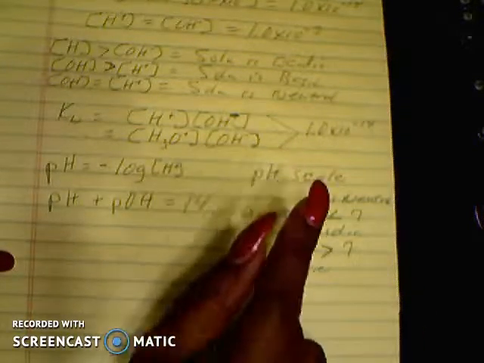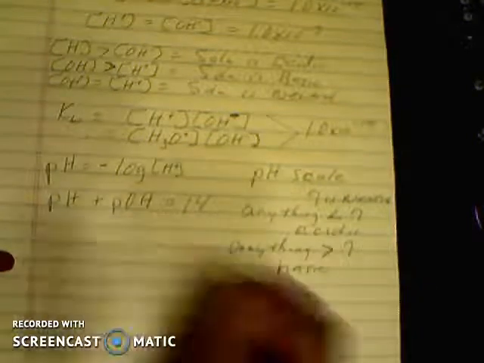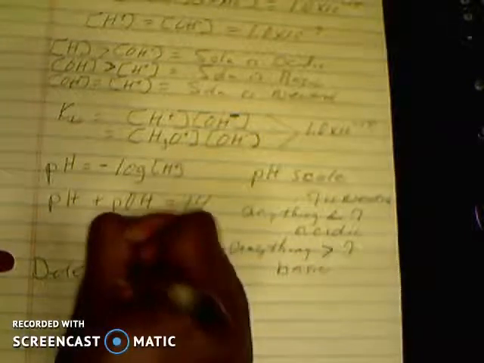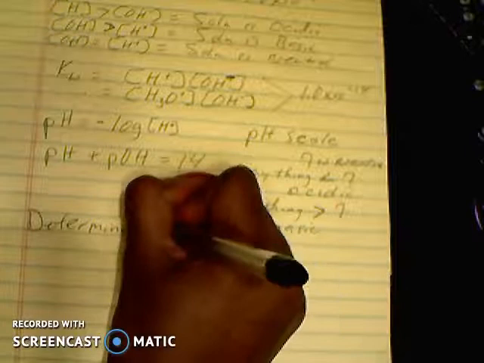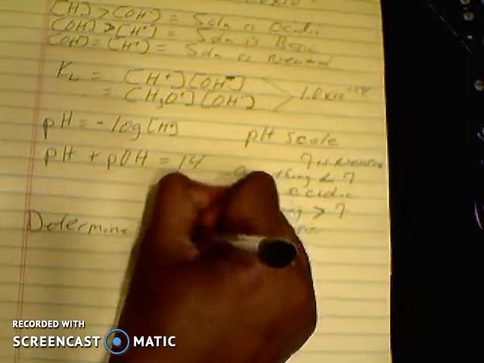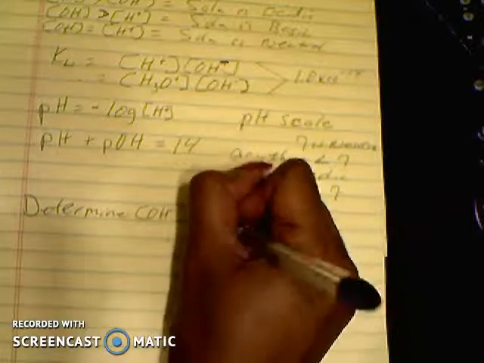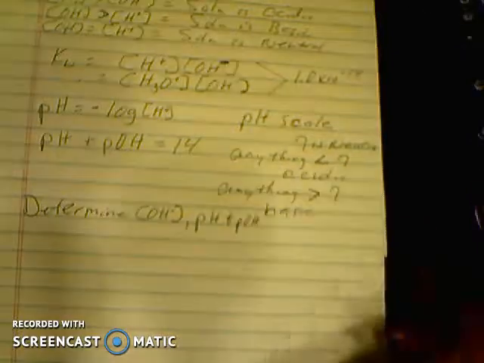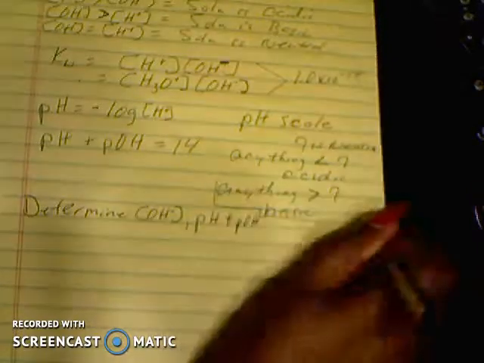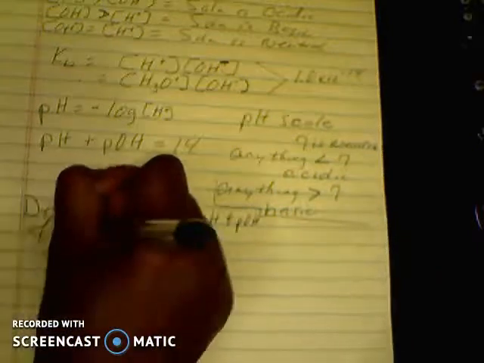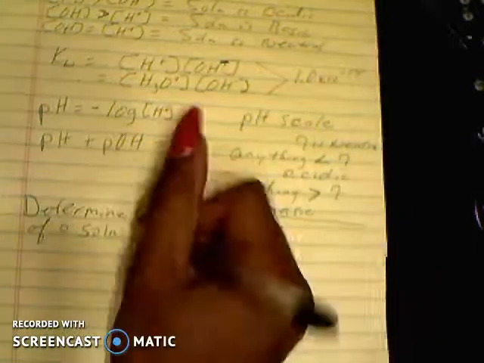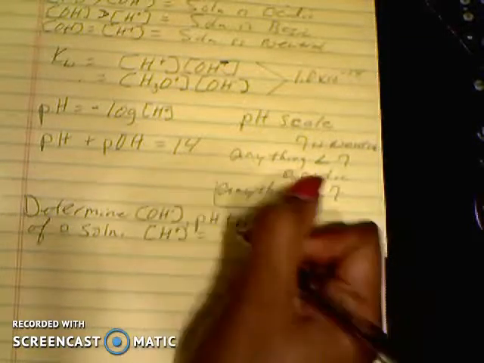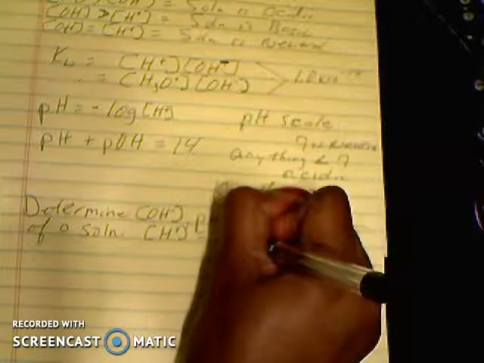In this problem, you're going to determine the hydroxide ion concentration, the pH, and pOH of a solution that has a hydrogen ion concentration of 2.3 times 10 to the negative 4.